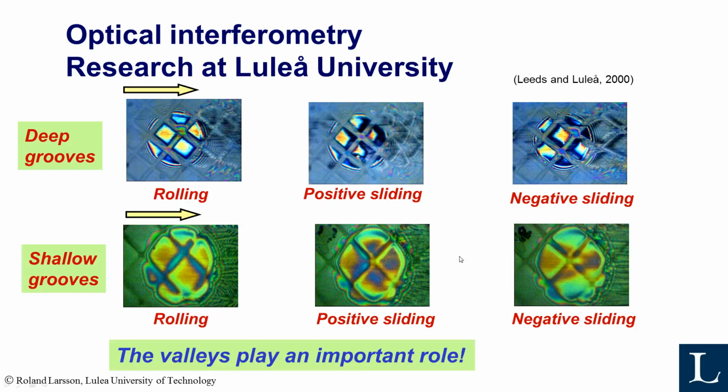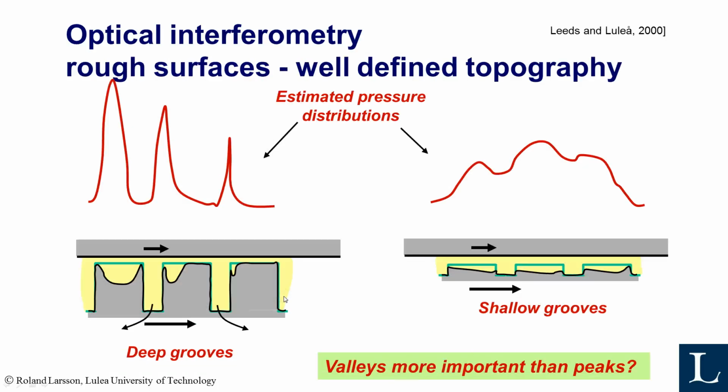These are some pictures also from research here and at Leeds University. We made some tests with an artificial pattern on the ball in the optical interferometry again. What you can see here is that if you have deep grooves between the flat parts, we will empty the contact much faster than if you have shallow grooves. The next slide is maybe easier to understand.